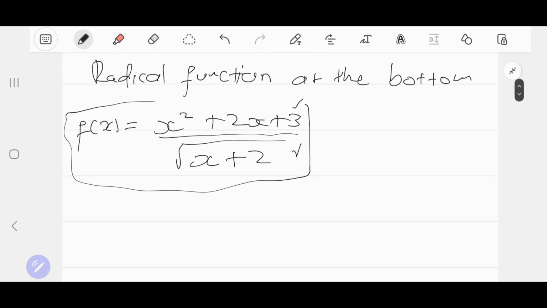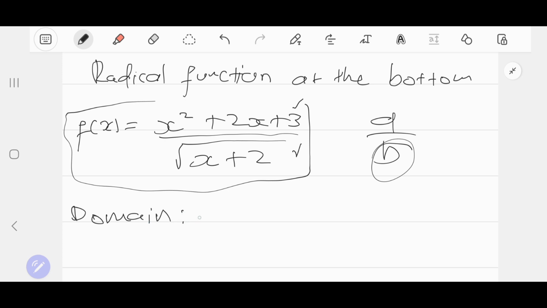So here, people, there are things that we know. Since this is a rational function, meaning it's written in this way, we know that the bottom part should never be 0. We know that. So this is how you're going to write the domain.